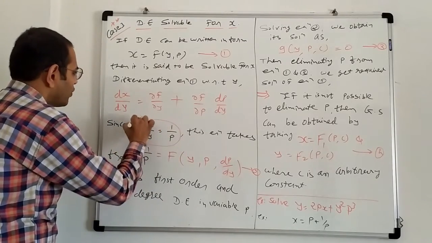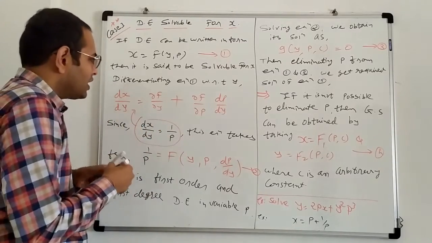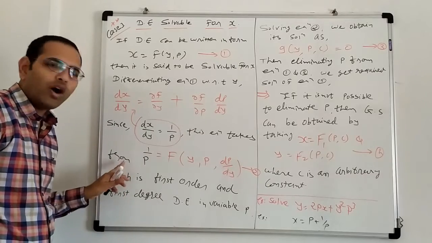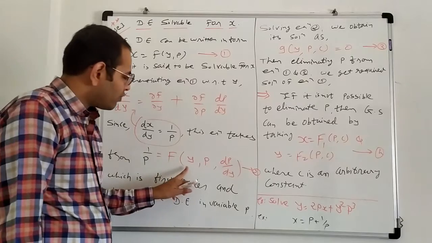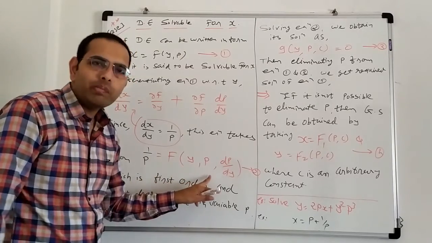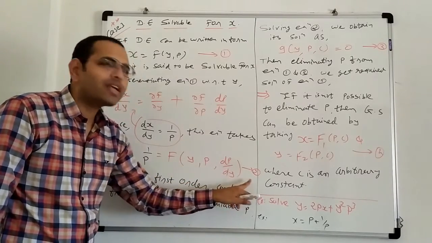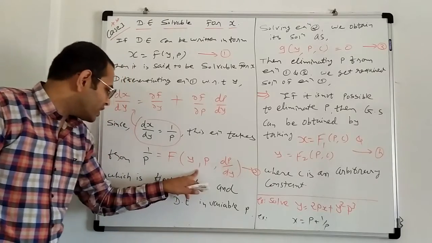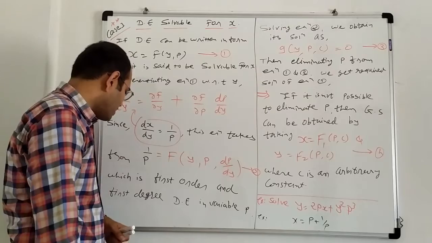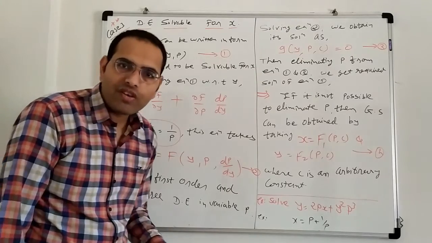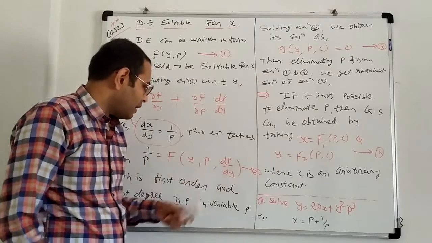Substitute this value in this equation and the equation takes the form 1 upon p equal to f of function of y, p, dp by dy. That is our equation number 2, which is a first order and first degree differential equation in variable p.